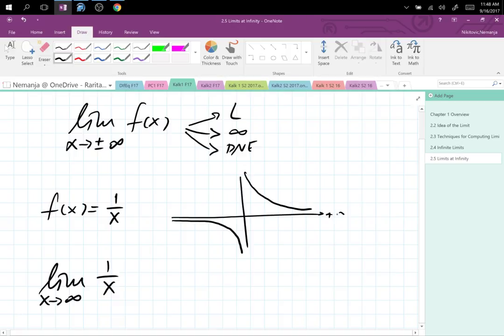Positive infinity is this way on the x-axis. So what is the y value approaching as x goes to positive infinity? It's approaching 0.